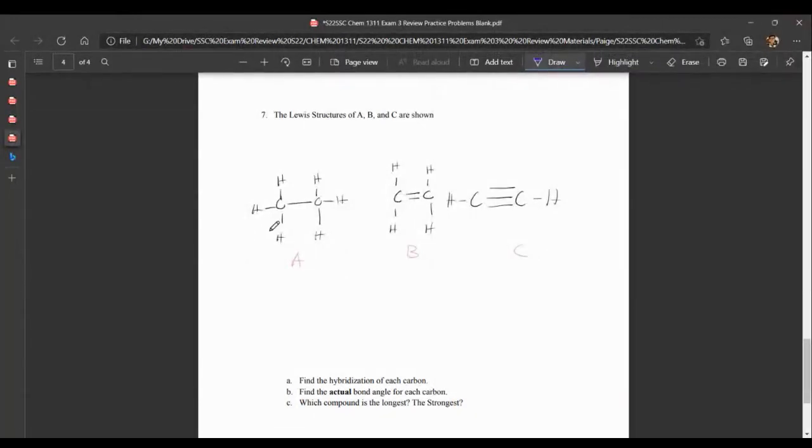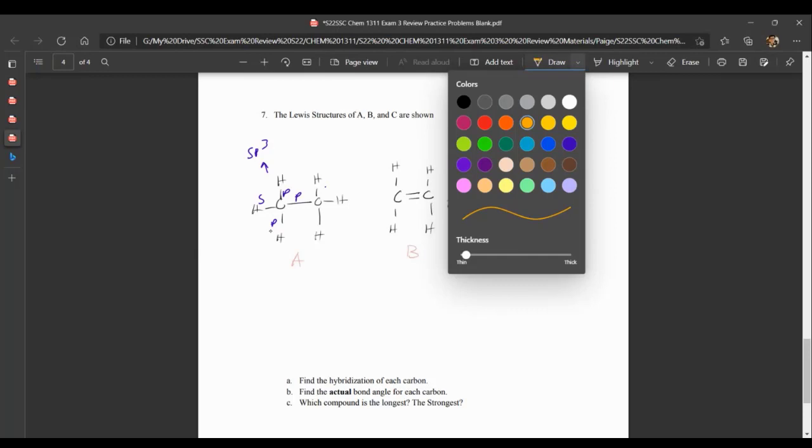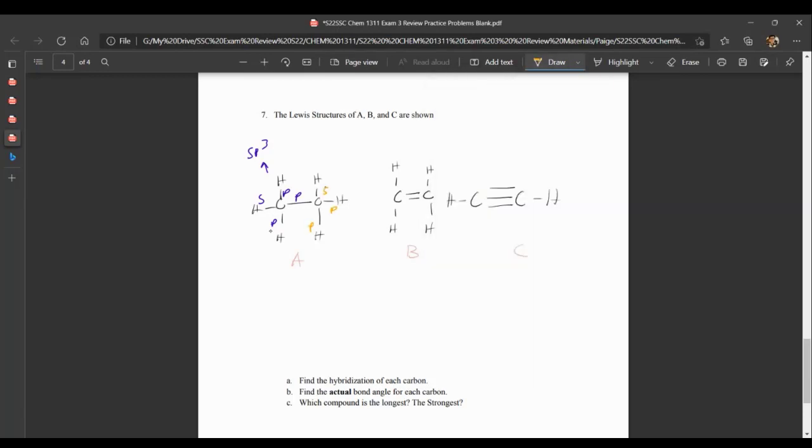So for this carbon, we have sp, p, p, so it's sp3. For this carbon, let me do that in different colors so that it's easier. Sp, p, p, so it's sp3. So both of these are sp3 hybridized. For this carbon right here, we have sp, p, that's sp2.